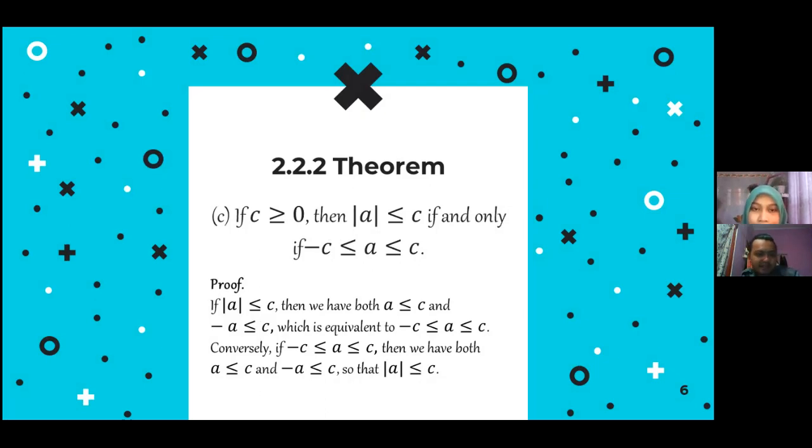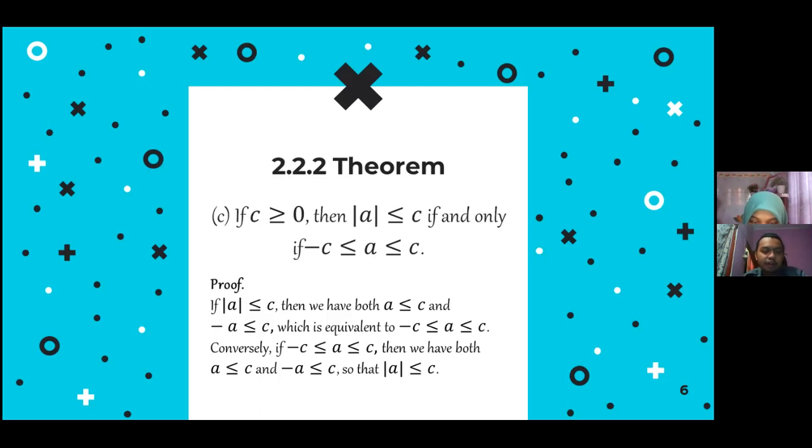Next, if C is greater than or equal to 0, then the absolute value of A is less than or equal to C if and only if negative C is less than or equal to A, which is less than or equal to C. The proof is as follows.